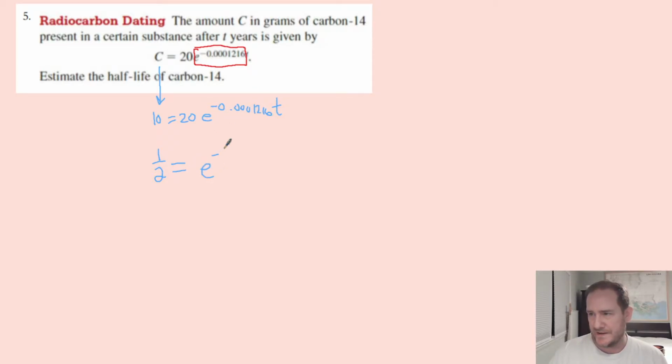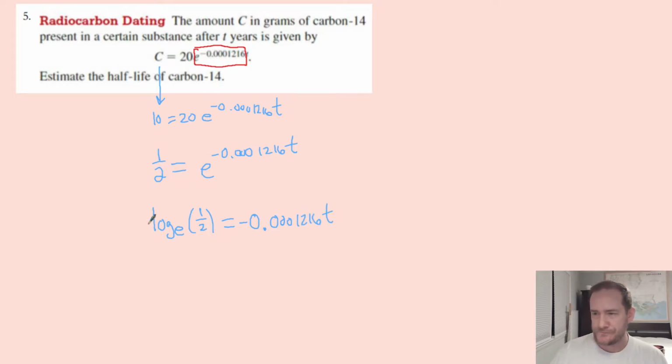So we get e to the negative 0.0001216 t. So now we're converting to logarithmic notation from here. We would end up with the log base e of the 1/2 equals negative 0.00012116 t.